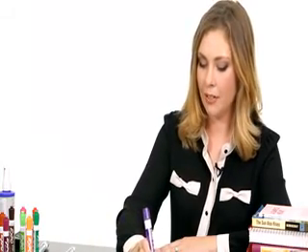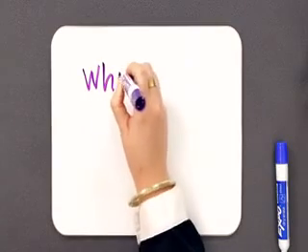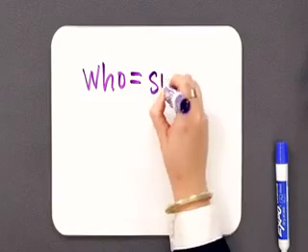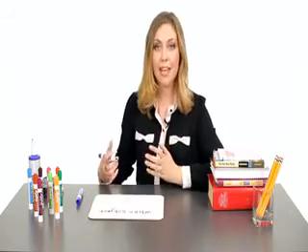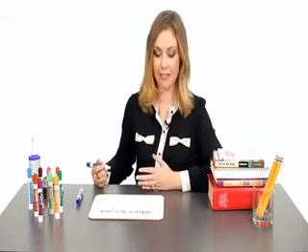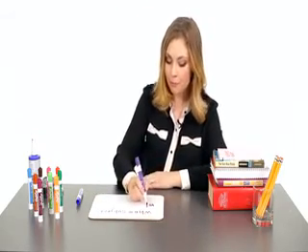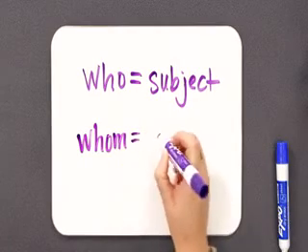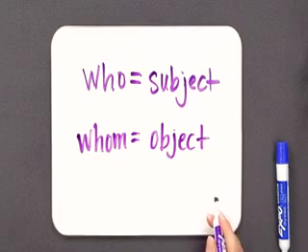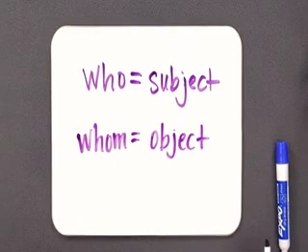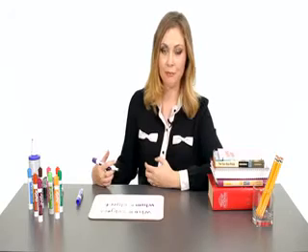So something that's really important to remember is that who is a subject. That means whenever you see the word who, it's driving the sentence, it's performing the action in the sentence. Whom, on the other hand, is an object, which means it's not the actor in the sentence, it's receiving the action.